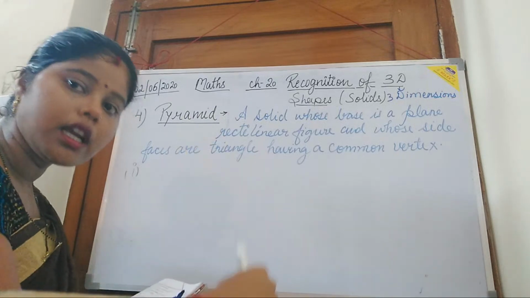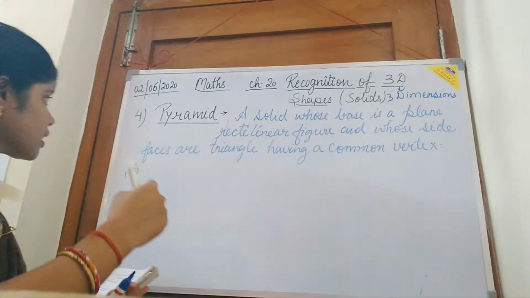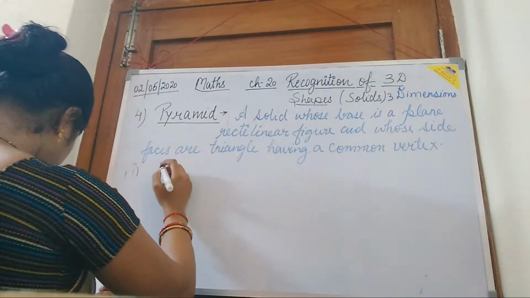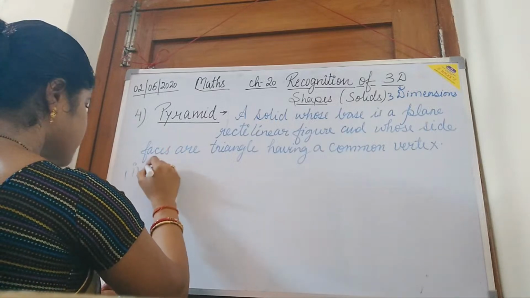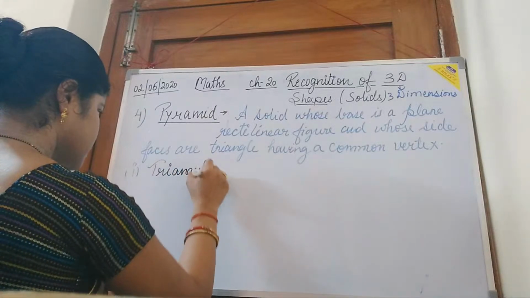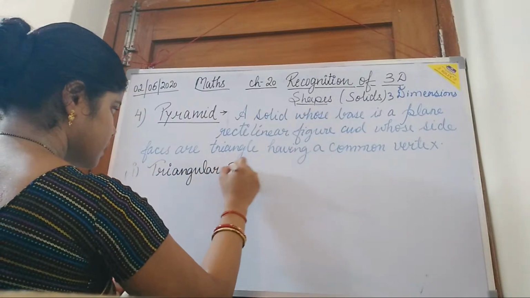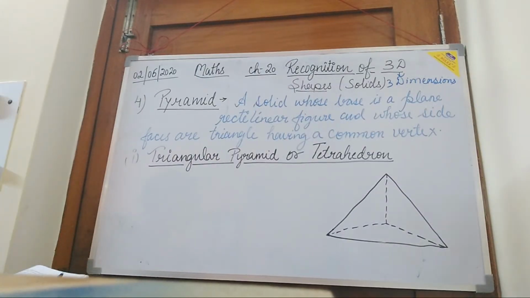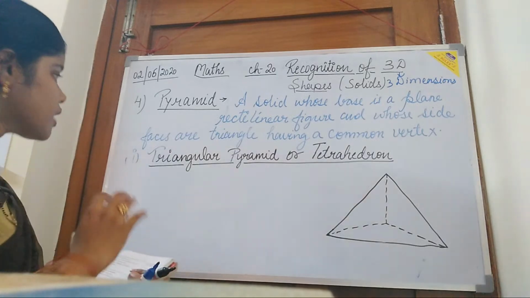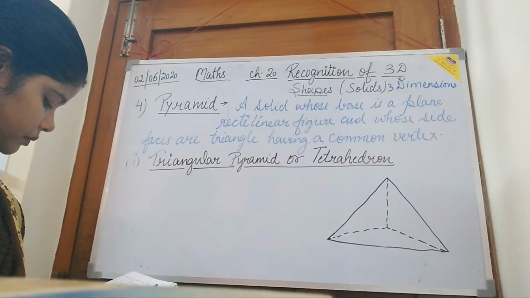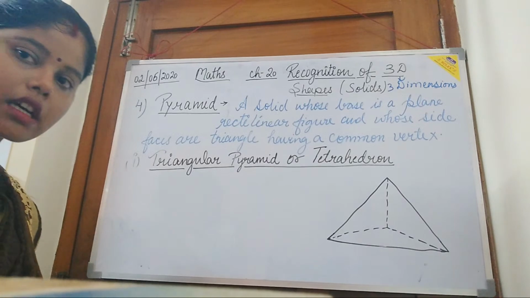Now in this one we are going to discuss the types of pyramid, and the first type is the triangular pyramid. In this one, triangular pyramid or tetrahedron, we are having a solid whose base is a triangle.